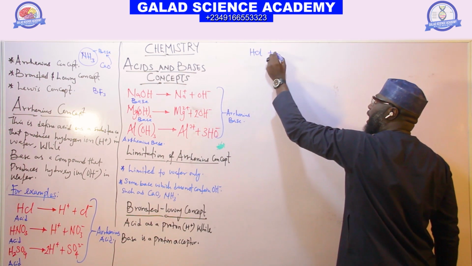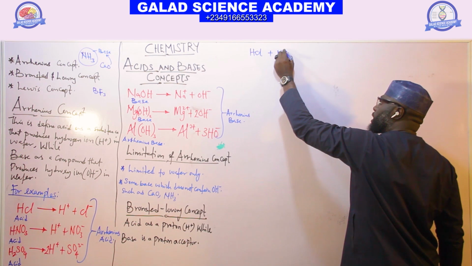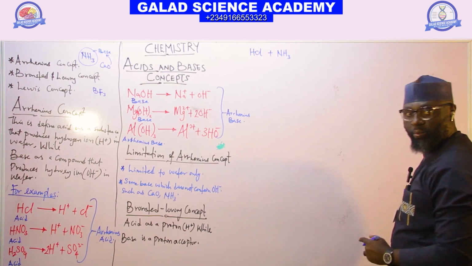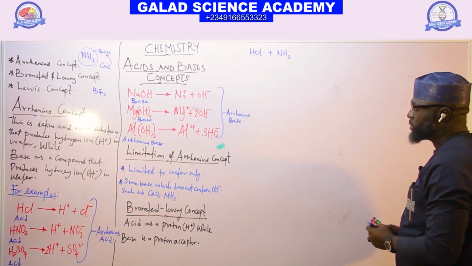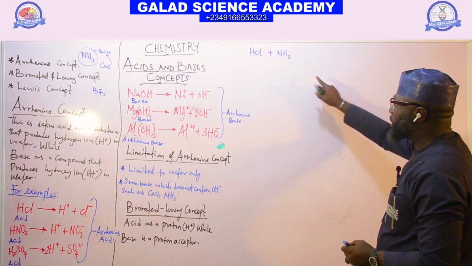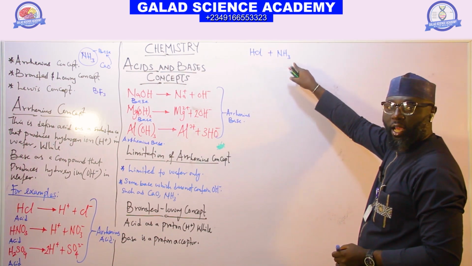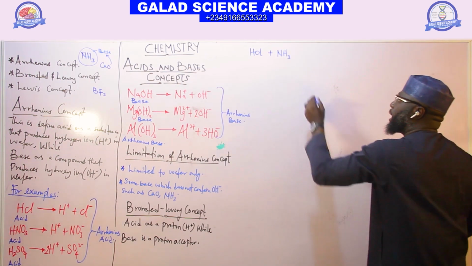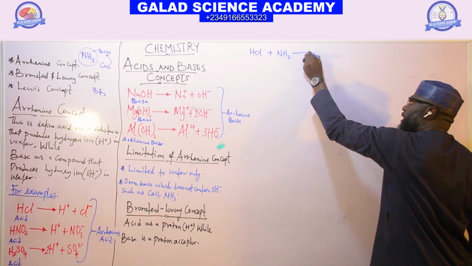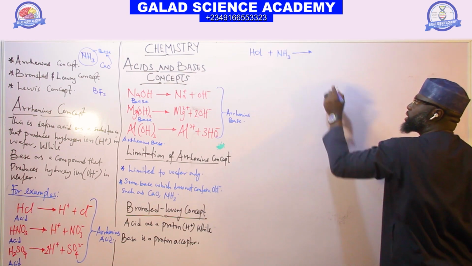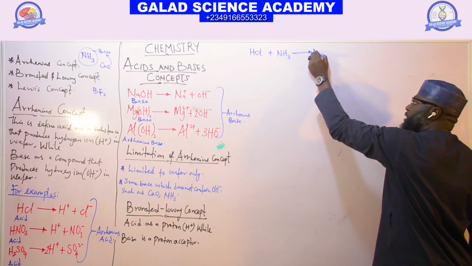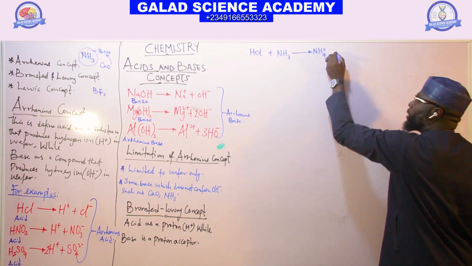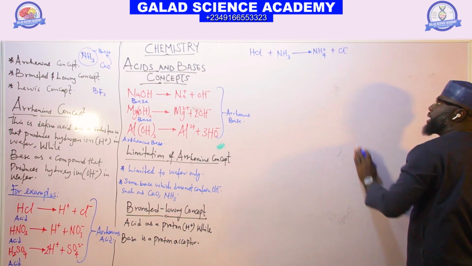HCl reacts with NH3 and gives us NH4 ion plus Cl minus.